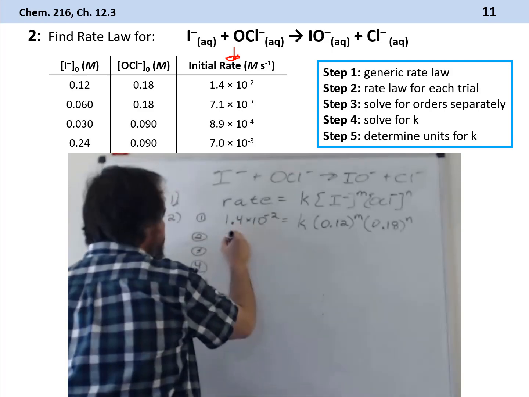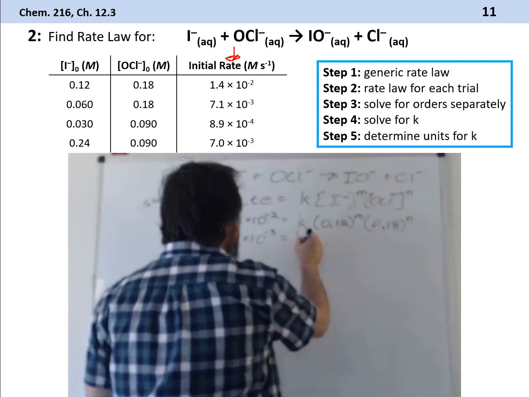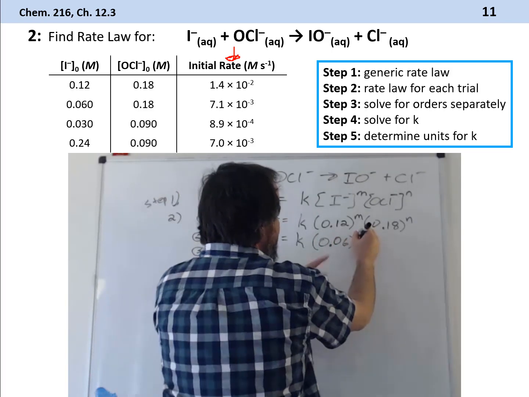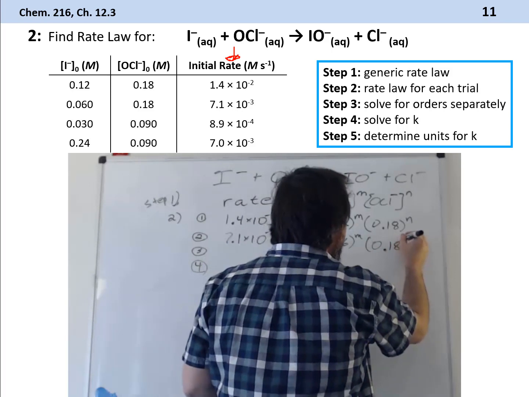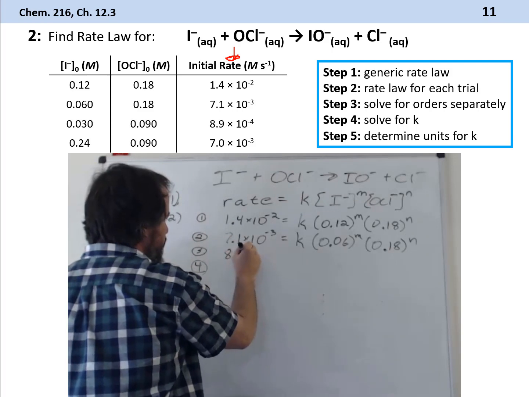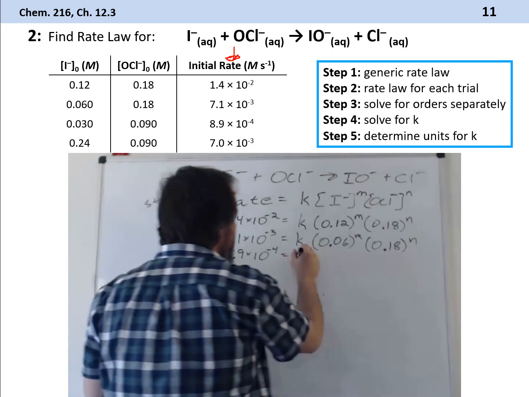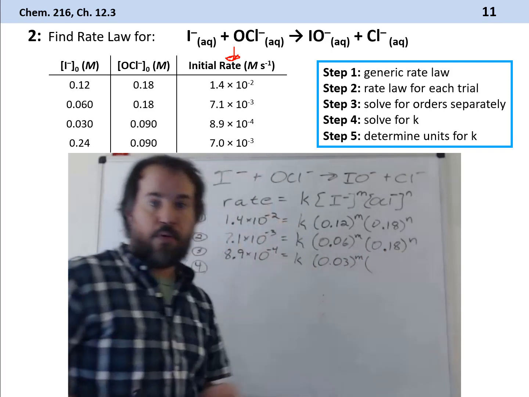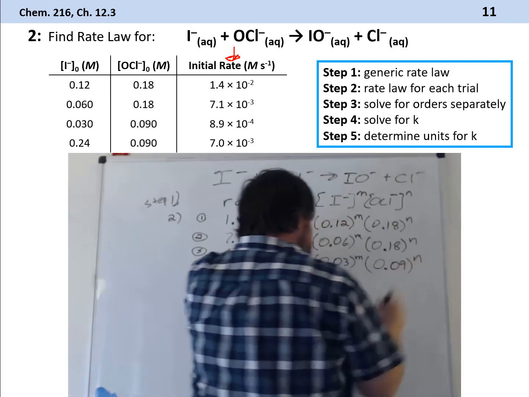Second, I have 7.1 times 10 to the negative 3 equals K times 0.06. I'm going to leave off that extra 0 because I don't need that right now. Third, I have 8.9 times 10 to the minus 4 equals K times 0.03 and then 0.09 to the N. Okay.